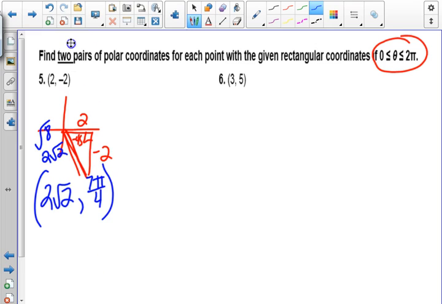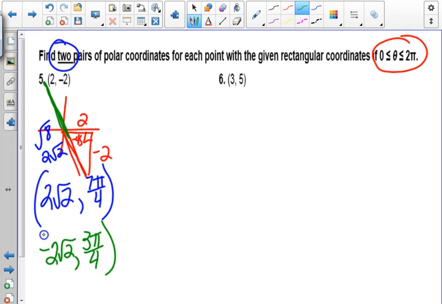But we need another because it says 2 pair. How about if we go straight across the triangle? Look on your unit circle. 3 pi over 4. But if you went there, you did what? You backed up square root of 8 or 2 square roots of 2. Nice job.